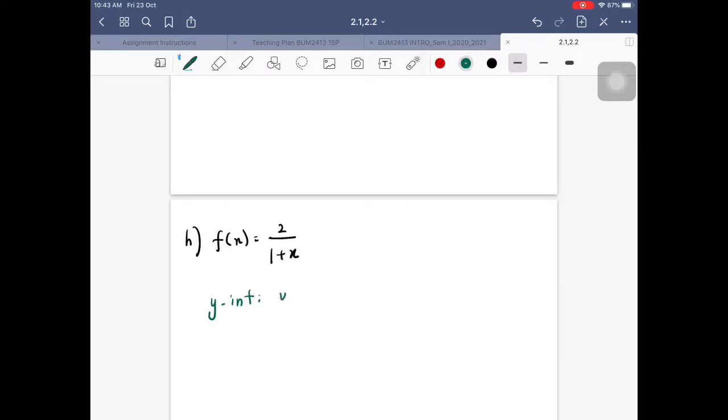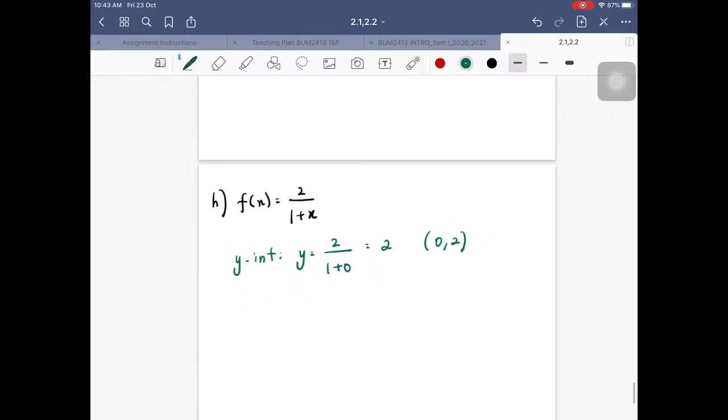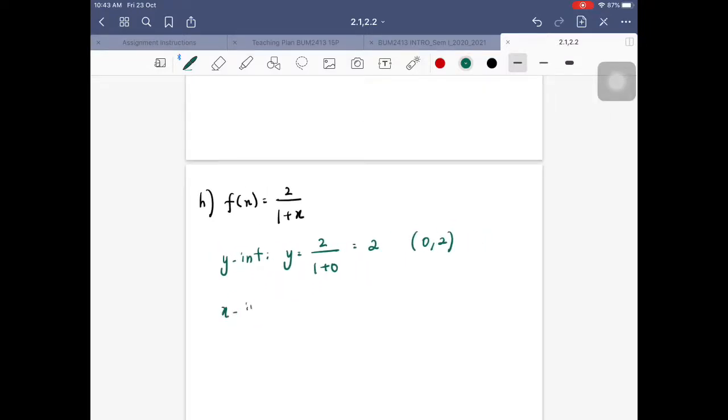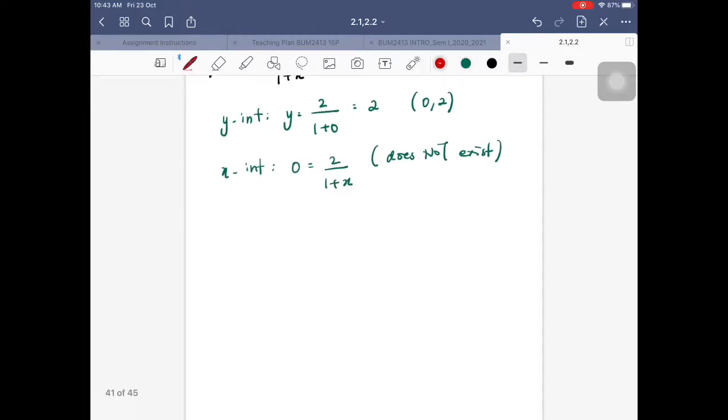My y-intercept is going to be 2 over 1 plus 0, which is going to be 2. So the coordinate is 0, 2. My x-intercept, on the other hand, is 0 equals 2 over 1 plus x, which is the same as before. So the x-intercept does not exist for this case.